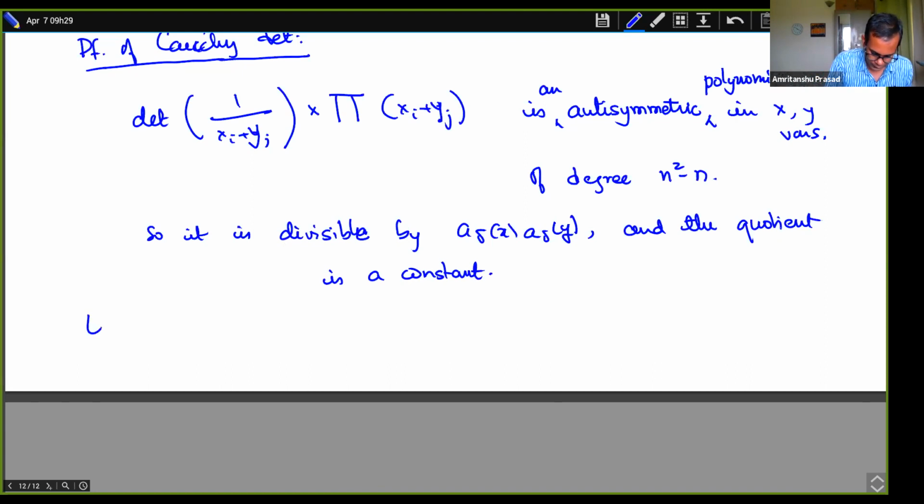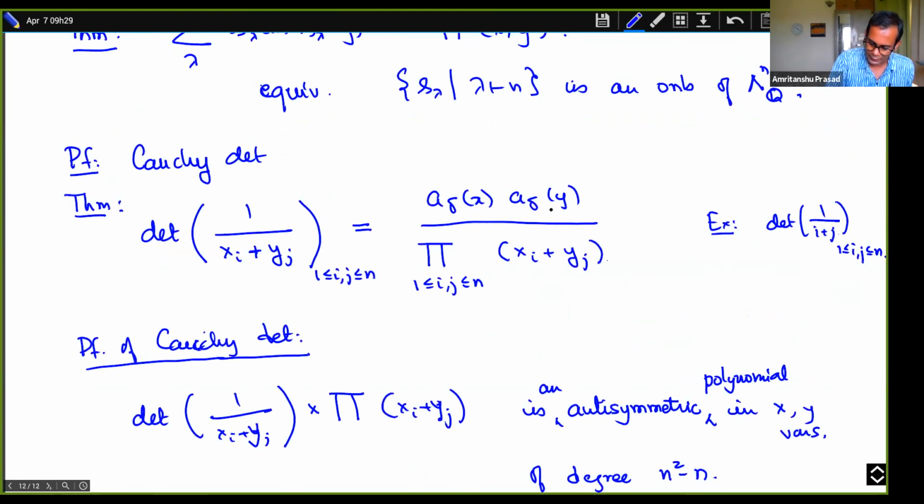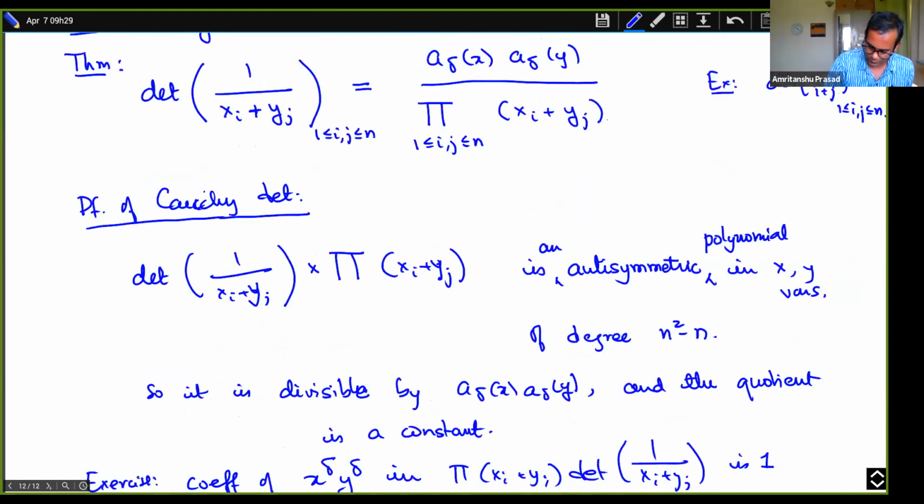So here's an exercise again for your tutorial. The coefficient of x to the delta, y to the delta in this expression, the product of xi plus yj times the determinant of 1 over xi plus yj, is 1. And of course, the coefficient of x to the delta y to the delta in a delta x, a delta y is also 1, because the coefficient of that in a delta x is, so that's easy.